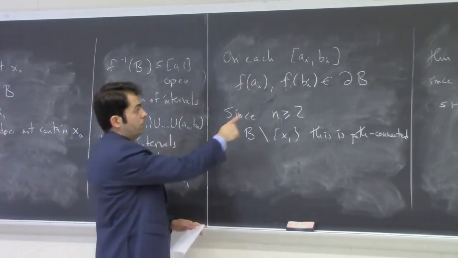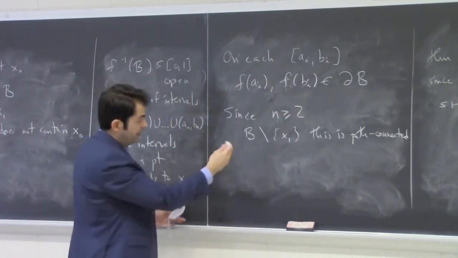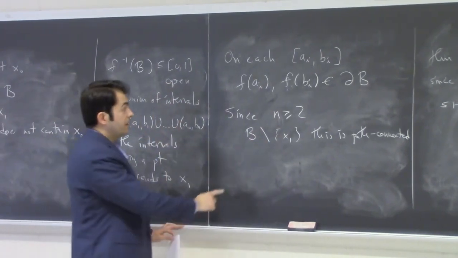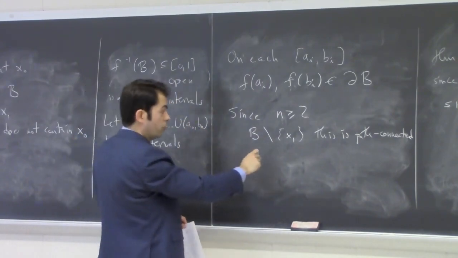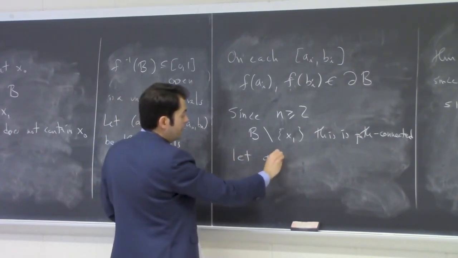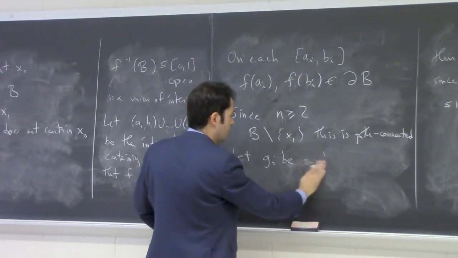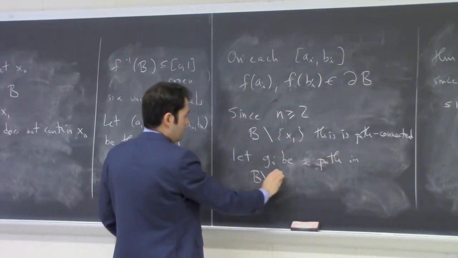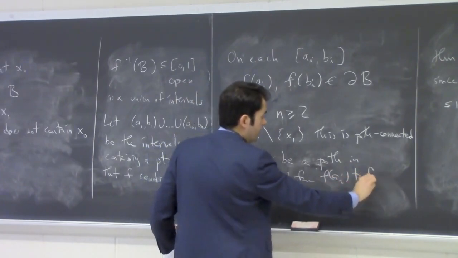You could just stay on the boundary of the ball and go from there to there, because that's connected. But in any case, here's where we're using the dimensional restriction. And B is convex. So let gi be such a path, a path in here from f of ai to f of bi.